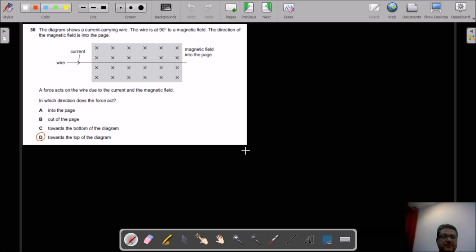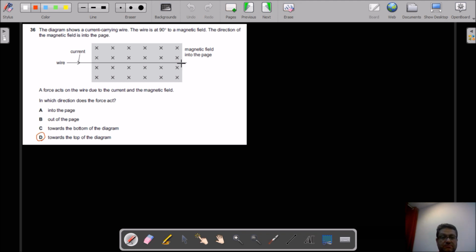Question 36, the diagram shows a current carrying wire. The wire is at 90 degrees to a magnetic field. The direction of the magnetic field is into the page. A force acts on the wire due to the current and the magnetic field. In which direction does the force act? Using the right hand rule, if your four fingers are in the direction of current, then if you open your thumb, you can find the direction of force.